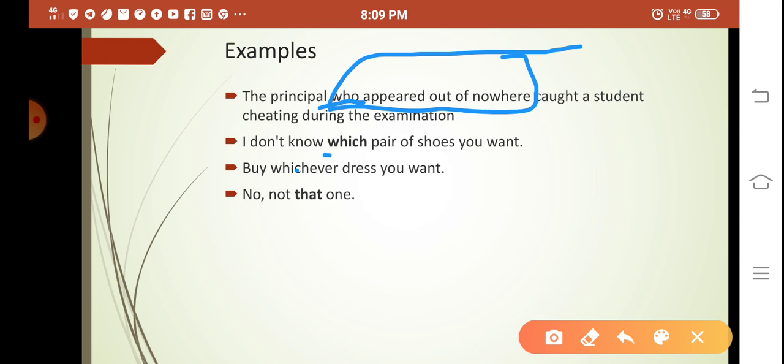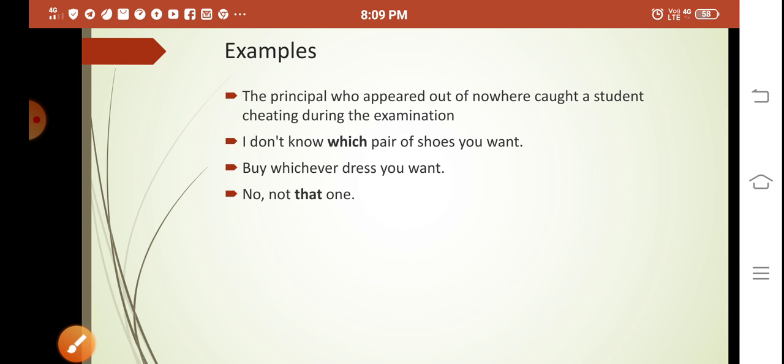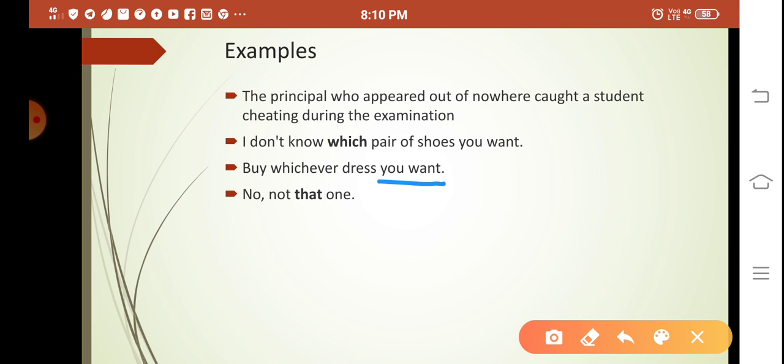It is giving more information: which pair of shoes. So buy whichever dress you want. If you want to add you want, then you may have to use whichever. So it is adding more to the information.